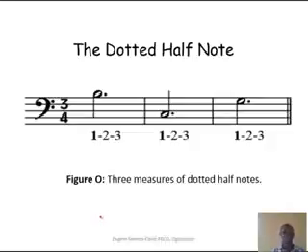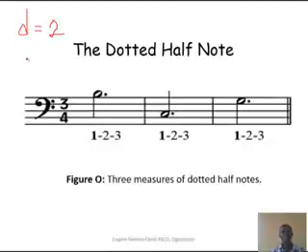What about dotted half notes? A more common type of dotted note is the dotted half note. How long is a dotted half note? Let's just use the formula. For the half note, you know that originally, considering 4/4 time signature, the half note has two beat values.